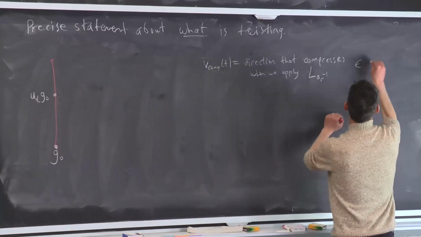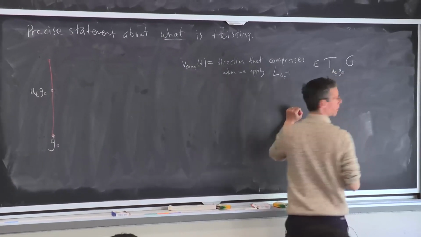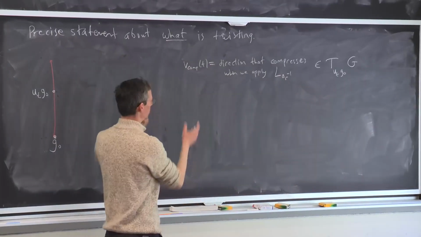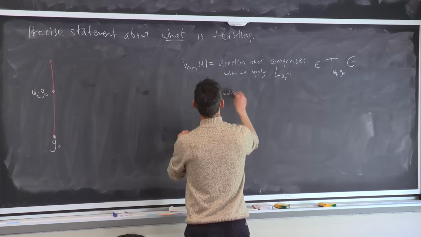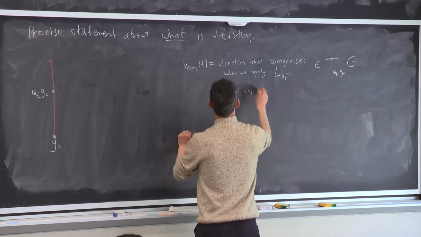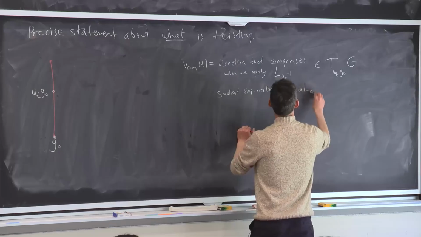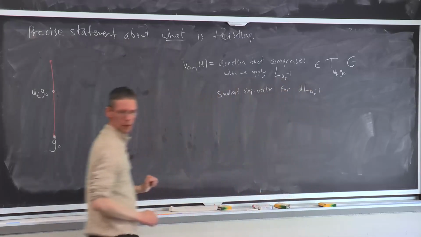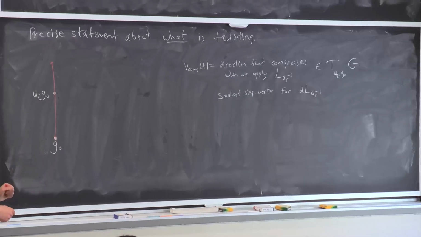It lives in the tangent space of our group at the given point, and it's the smallest singular vector for the derivative of this map. So that's what we mean by the compression direction.